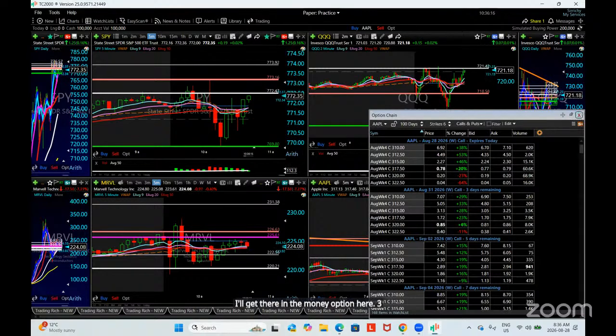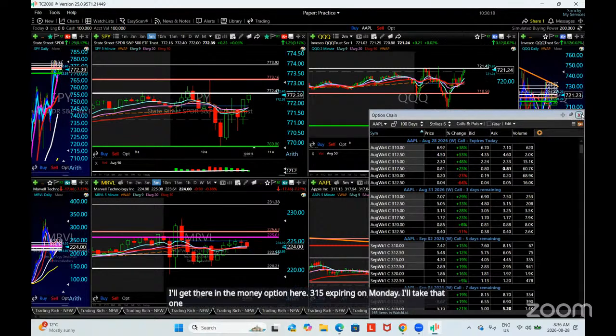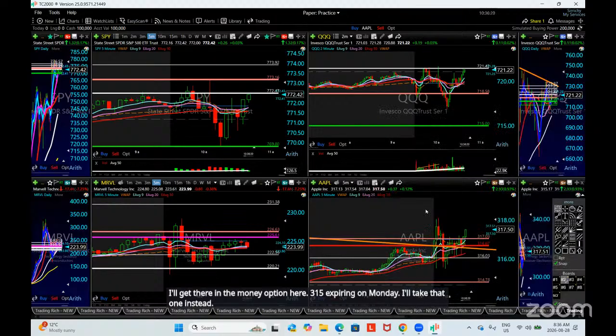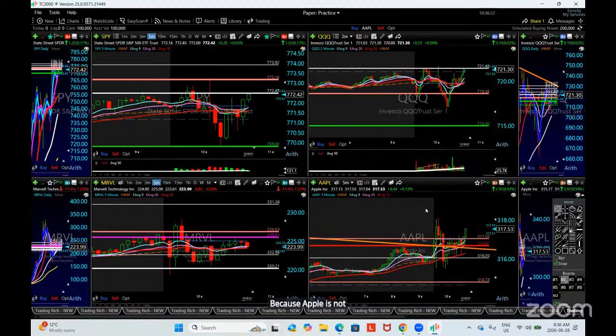315 expiring on Monday. I'll take that one instead, because Apple is not a big mover, so you have to be careful when you are getting it, right?